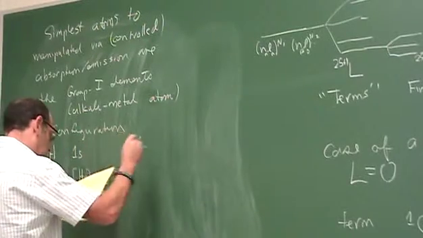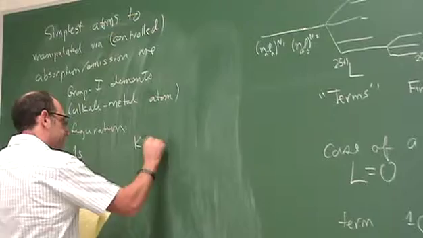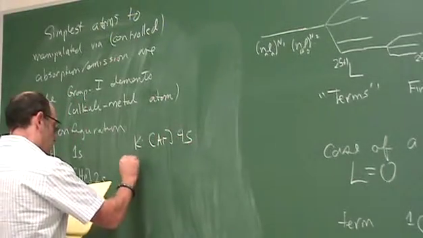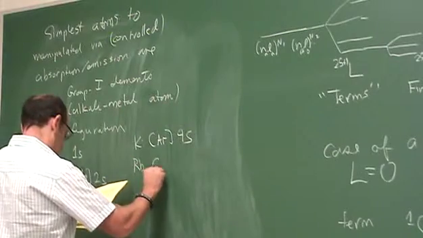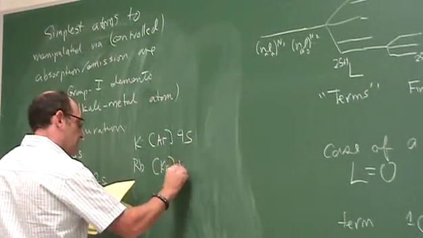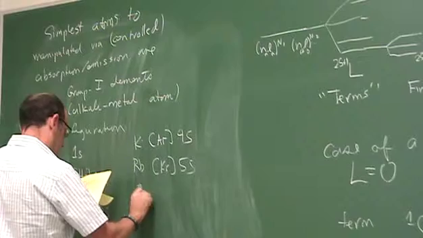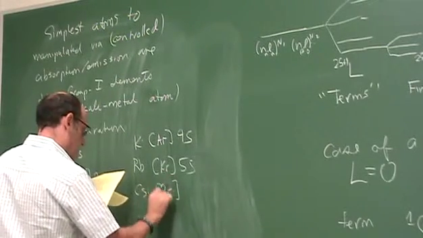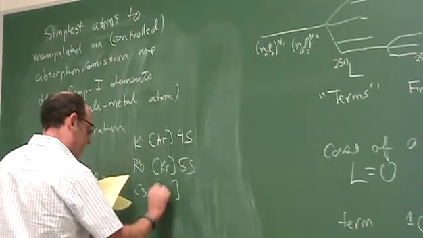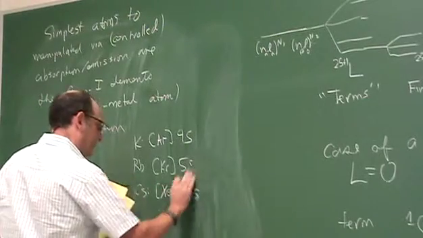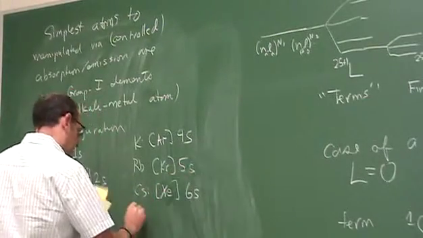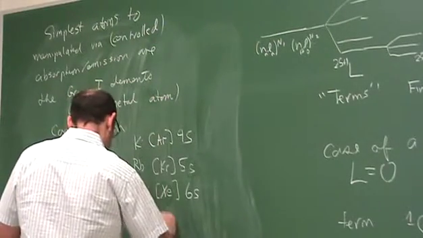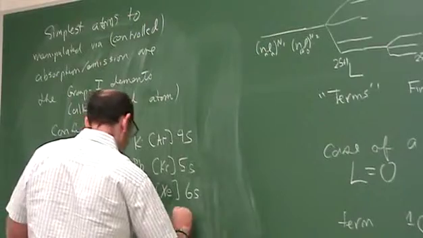Potassium has the argon core and a 4s valence electron. Rubidium, cesium, xenon core and a 6s valence, and francium, which is the radon core and 7s.